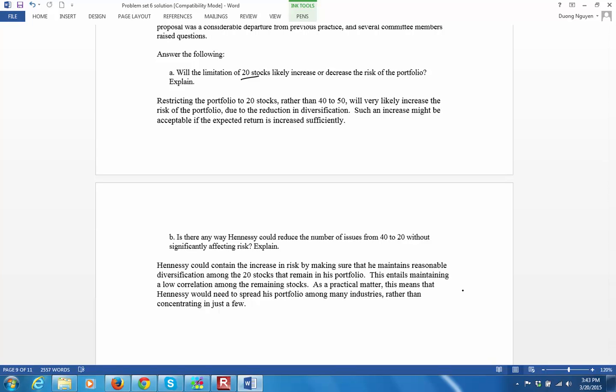The answer is yes. If Hennessy could choose 20 stocks that have very low correlation, because what we studied is that the lower the correlation the better, since lower correlation means lower risk.